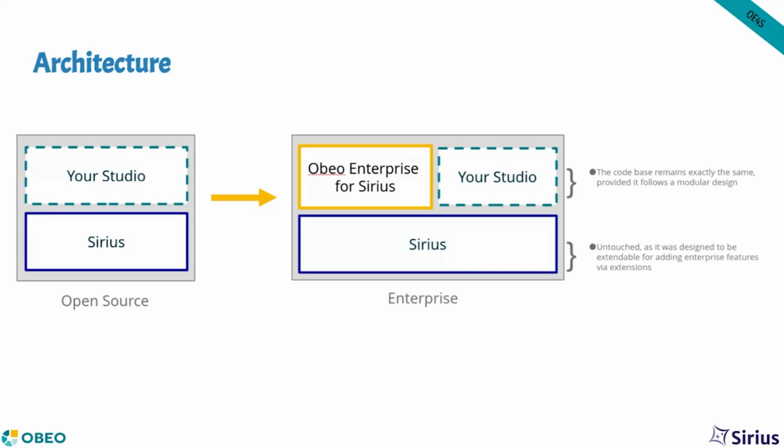Obeo Enterprise for Sirius builds on top of Sirius Web and adds enterprise-oriented services around it. The goal is to keep the openness and extensibility of the core platform while providing additional layers for governance, security, collaboration, and deployment. From a technical point of view, it's really an extension of the Sirius Web foundation rather than a disconnected product.